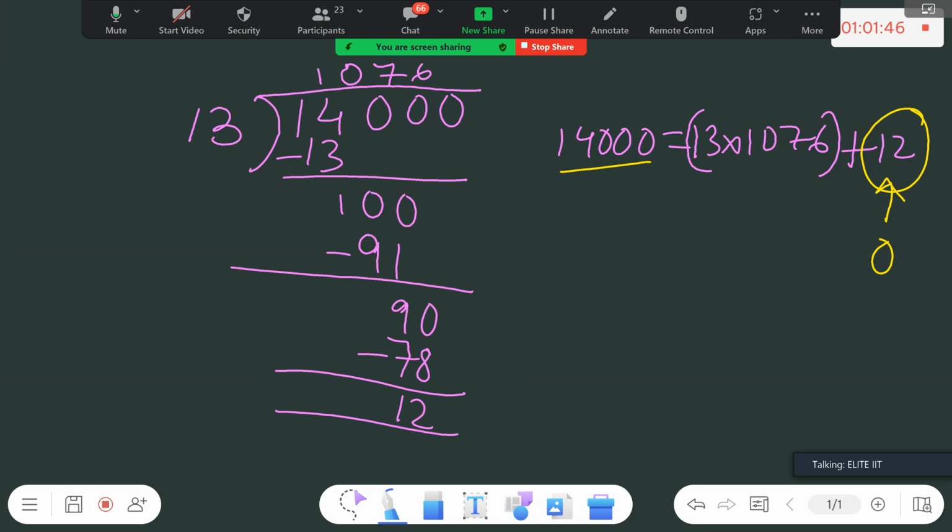You have to now find the smallest 5-digit number which should be divisible by 13. So remember one thing, if you keep on increasing or decreasing your remainder, you can make this remainder 0 by decreasing it to 0, or you can make it 0 by increasing it to 13 itself.